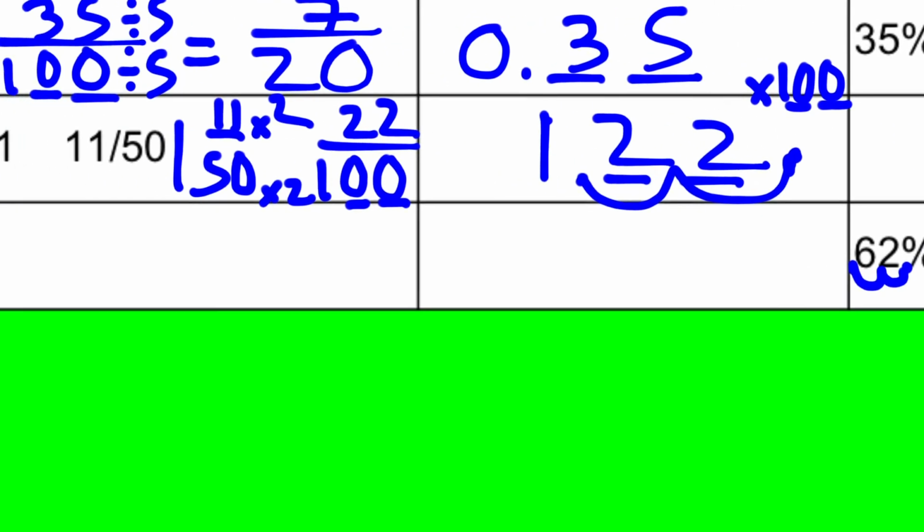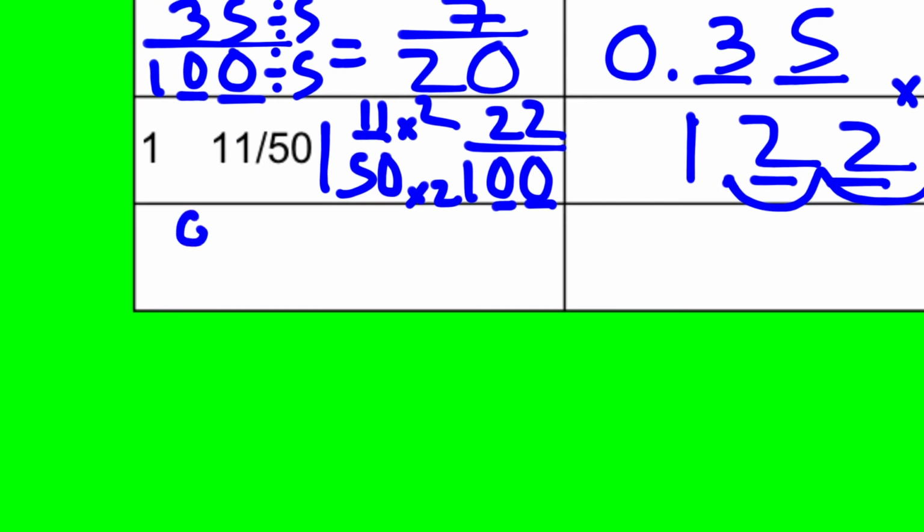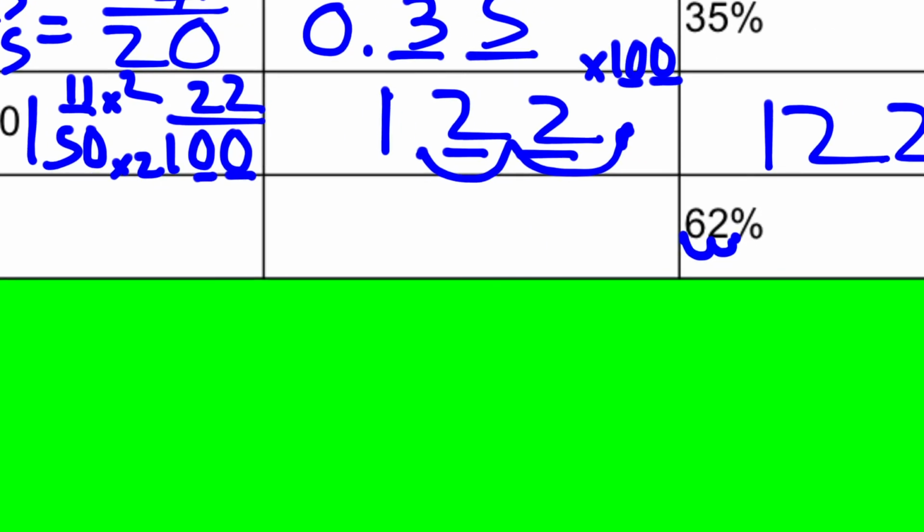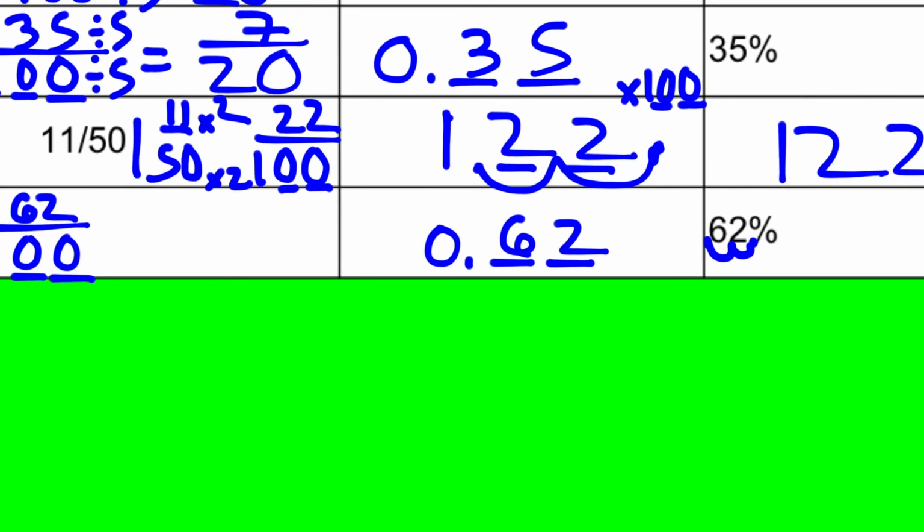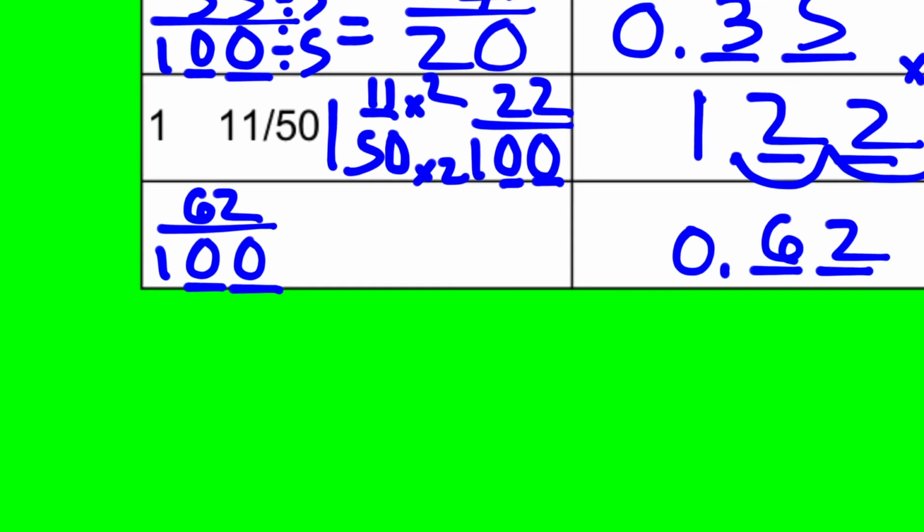Or I can recognize that 62% means 62 out of 100. And 2 zeros in 100 mean 2 decimal spots where I'll put the 6 and the 2 and a 0 in front. And then 62 out of 100, they're both even numbers, so I can divide by 2. And I get 31 over 50.